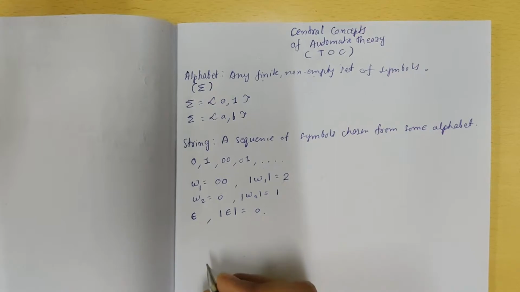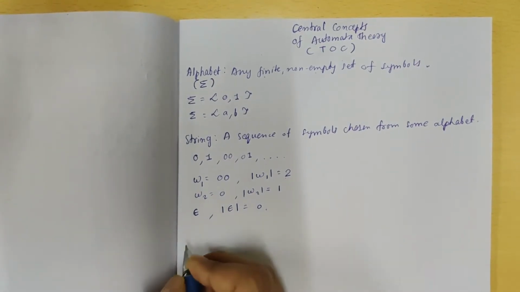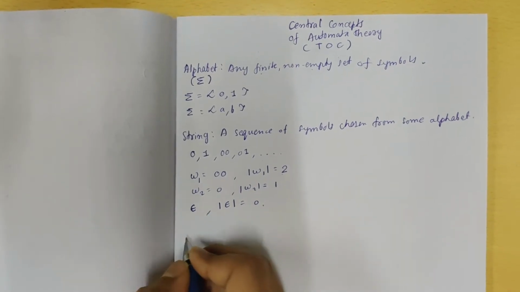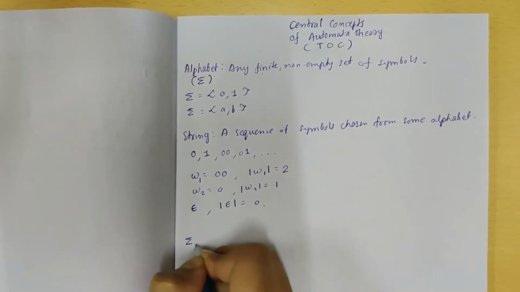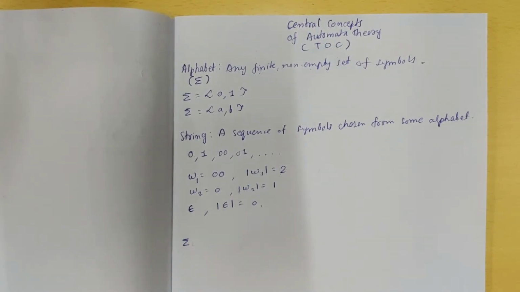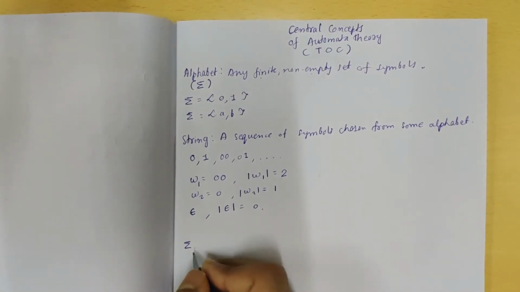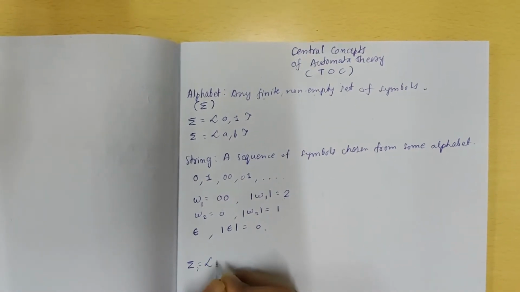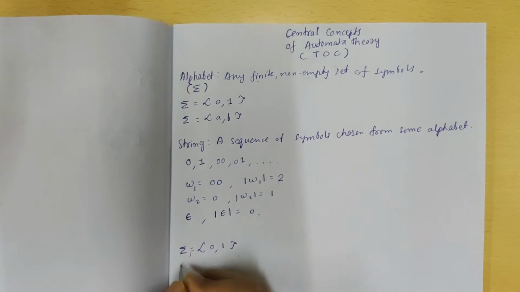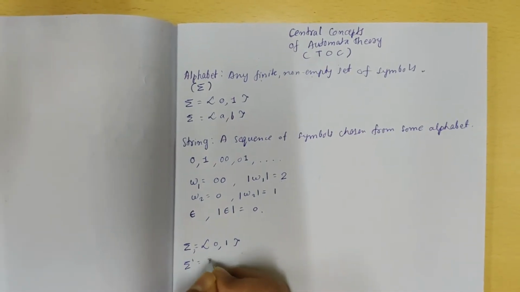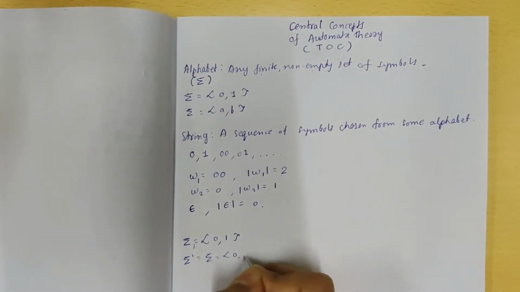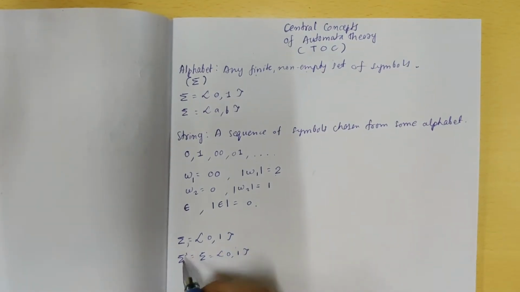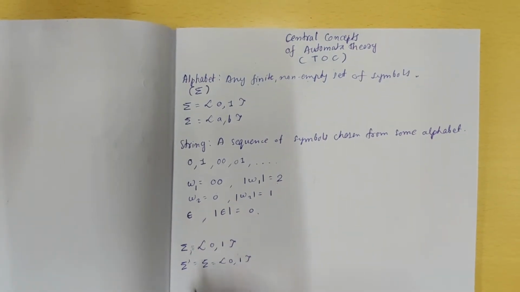Now next we will see the power of alphabet. Suppose we have any set of symbols, any sigma. For that sigma we can write different powers of sigma. Suppose sigma is equal to 0, 1. Sigma to the power 1 is nothing but sigma, which is 0, 1. These are the set of all the strings of length 1 that are formed from sigma.